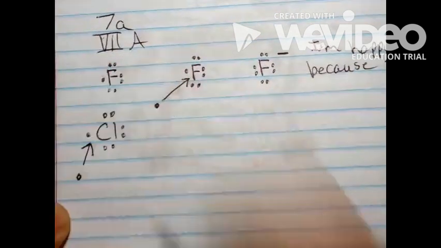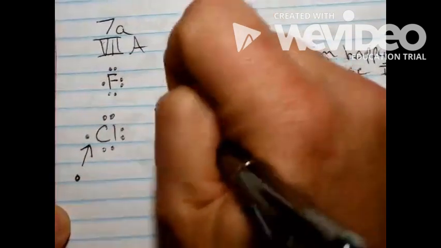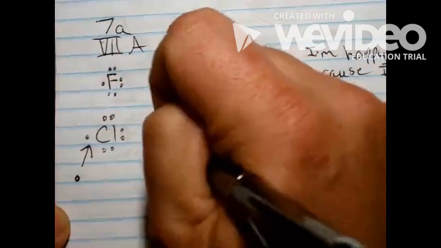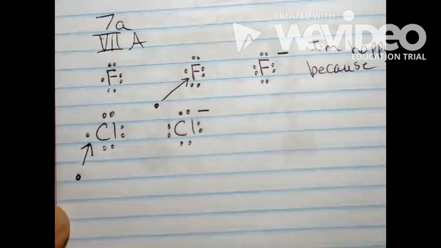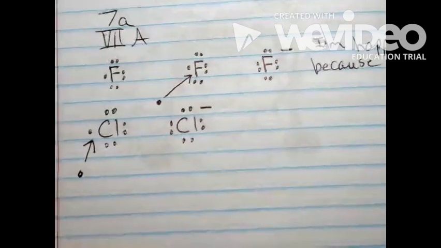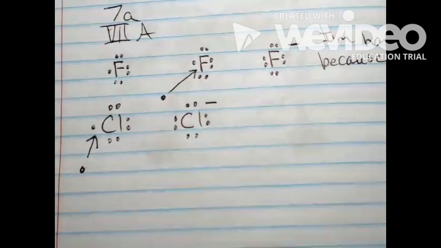An electron from somewhere else comes in, making it full with 8 valence electrons and a negative charge. Then we'll stop at bromine, because I think you guys get the idea.